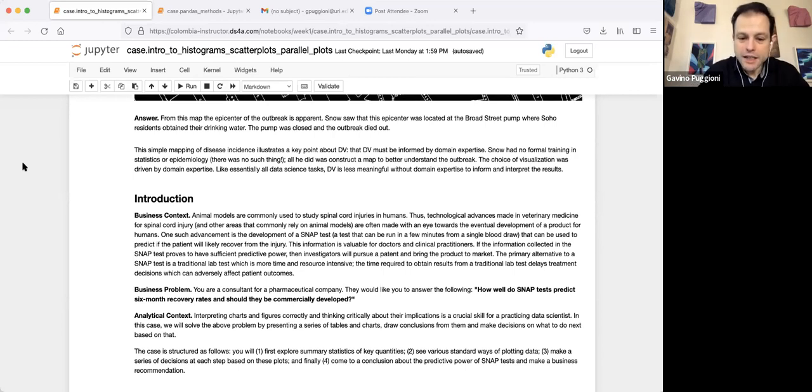We will start exploring some summary statistics. Remember, exploratory data analysis is the first step before we start analyzing any data. We see some plots, some basic descriptive plots, which are part of the exploratory data analysis, and then make a decision based on what we are observing in these plots. And finally, come to a conclusion about the predictive power of SNAP tests.